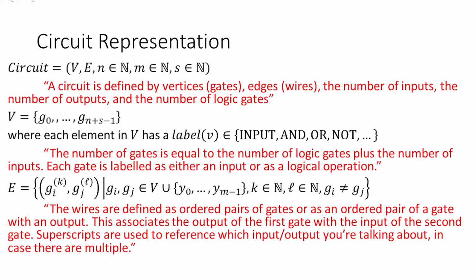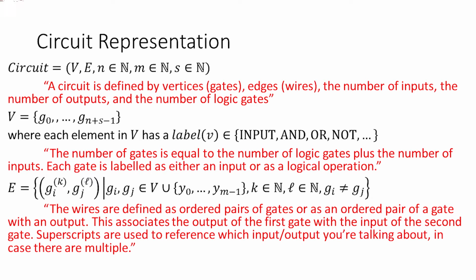another. So, for example, we could have some gates that have multiple input bits. That superscript is going to allow us to identify which input we're talking about. So I might say for an AND gate, there are 2 input bits.